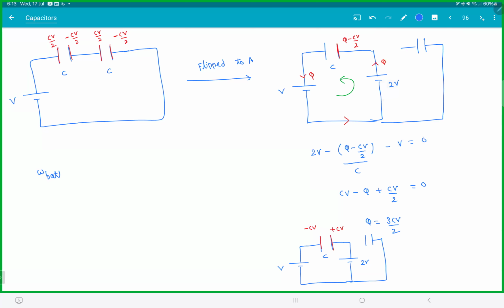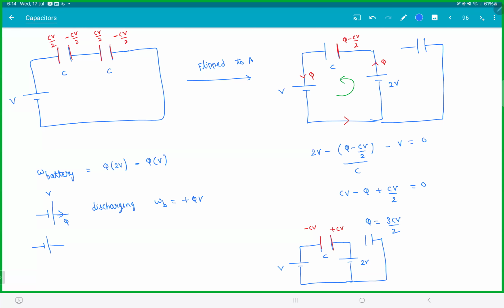Now remember, there are two batteries here. That would be Q into 2V, the charge is coming out of the battery, minus Q into V, the charge is going into the battery. Hope you didn't just add them both. If a charge comes out of the battery, it is discharging, so it is actually giving out energy. The work done by the battery will be plus QV.